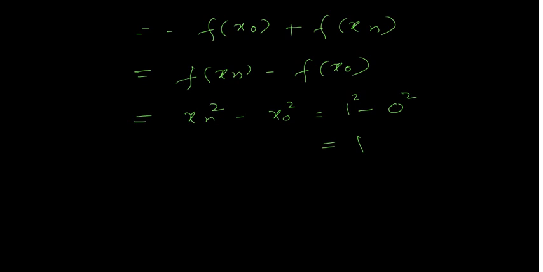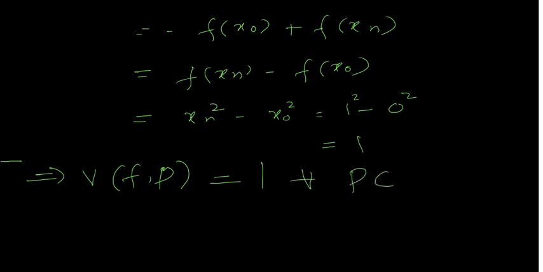So thus we have that the variation of f with respect to any partition P is equal to 1 for every partition P of the interval a, b. If you take the supremum, what is the supremum?